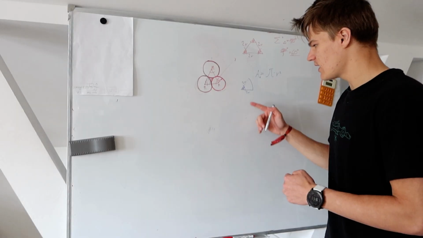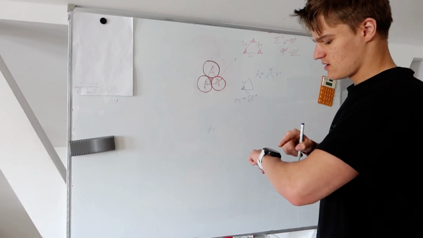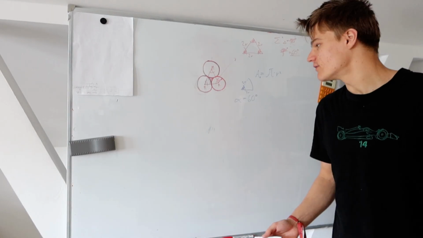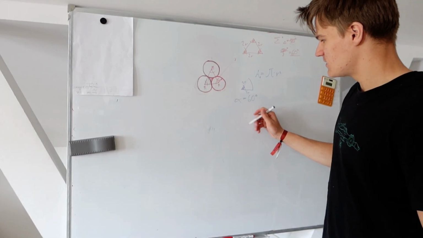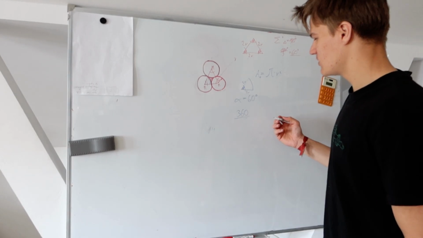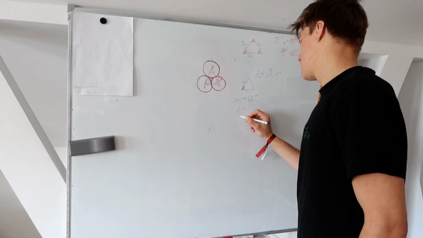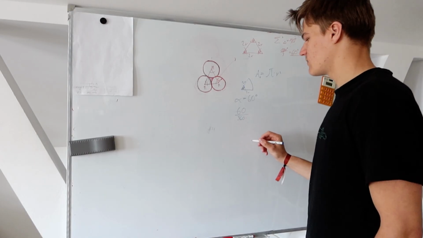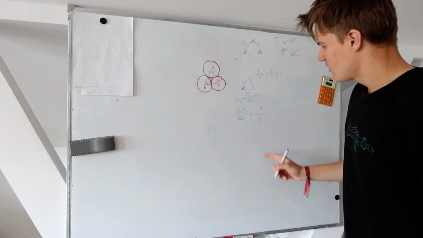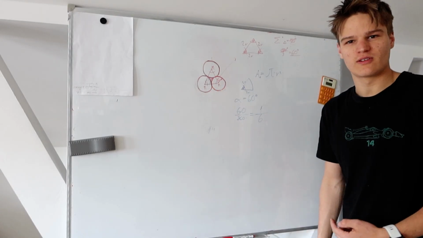If we have 60 degrees, let me define alpha as 60 degrees, then how many percent of the circle do we have? We know 60 degrees is how much of 360, right? So we do 60 over 360, and we can cross this out very nicely. It just leaves 1 over 6.